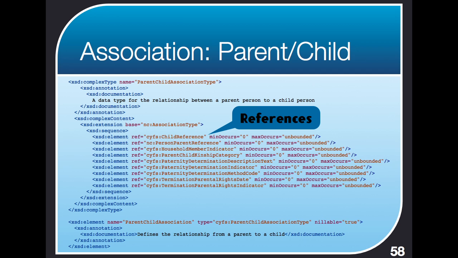There's also some information about the association itself also inside that element, and so we can see the rest of it listed here. The one I want to really point out, though, is the parent-child kinship category. This is a means for more fully specifying the nature of the parent-child relationship. So this code table contains things like adoption, biological, foster, marriage, putative, and surrogate.